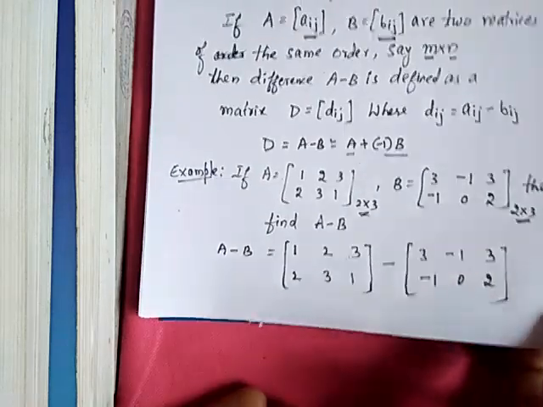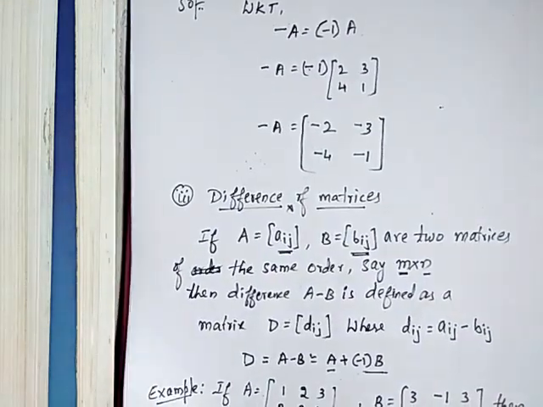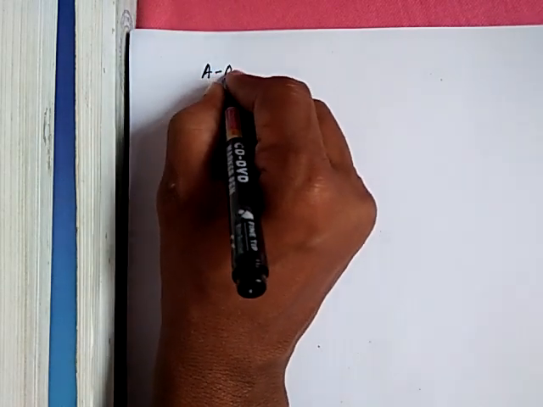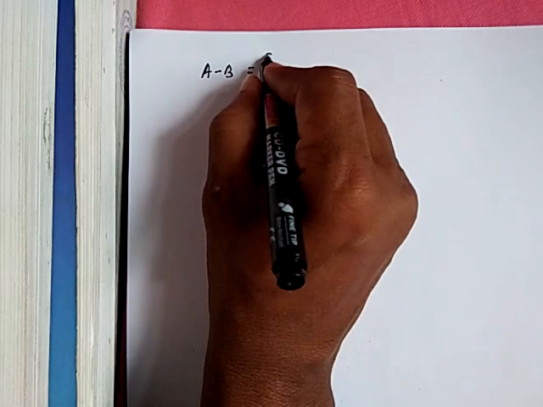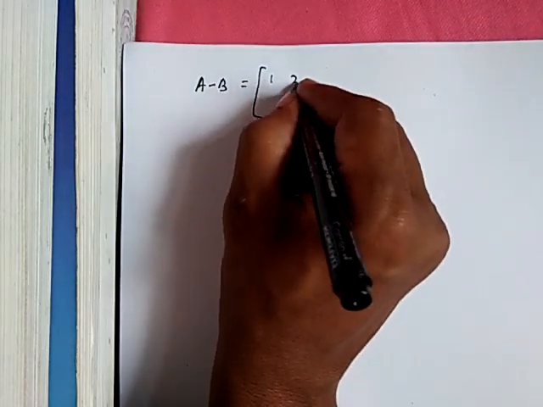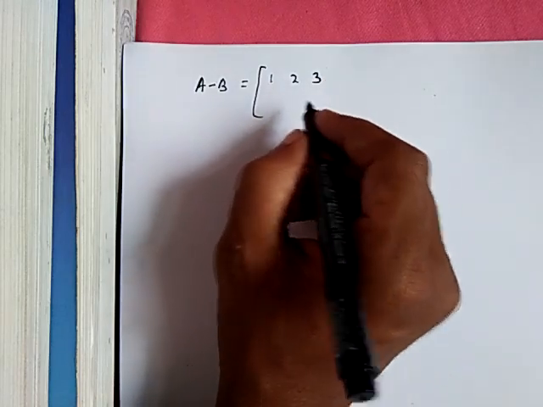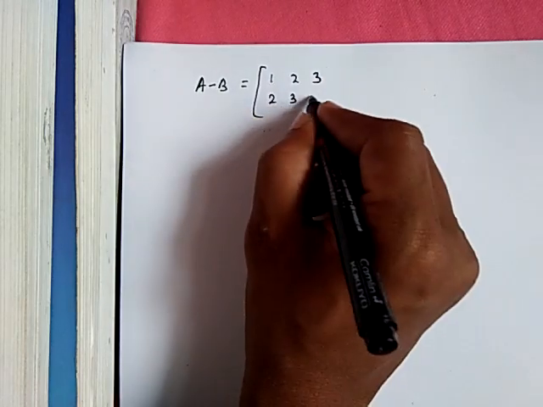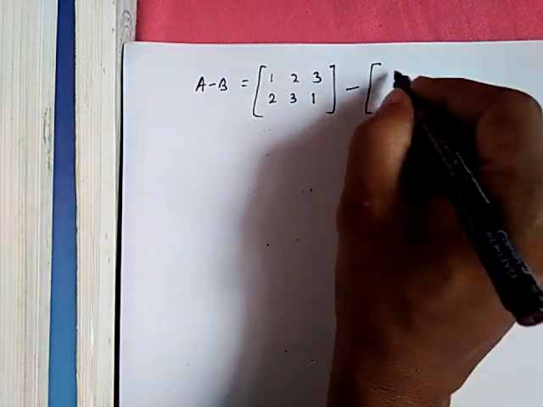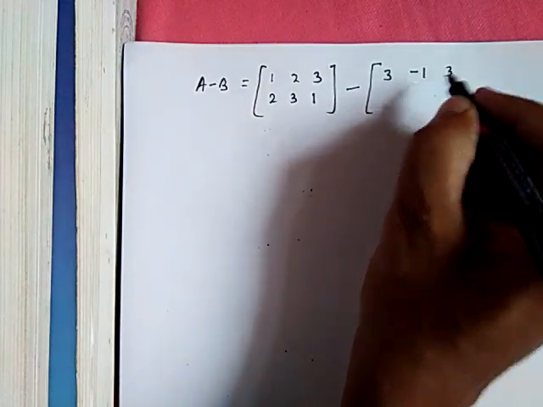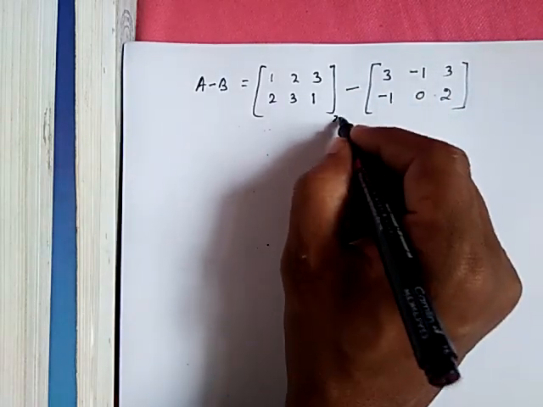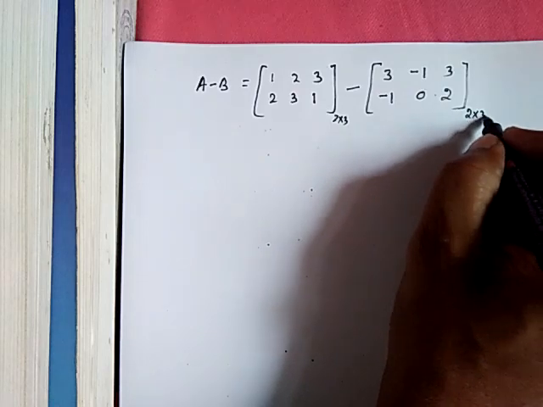On the next page we will see how to find this. Once again I will write A minus B so that you get the idea: 1 2 3, 2 3 1, minus 3 minus 1 3, minus 1 0 2. This is a 2 by 3 matrix, this is also a 2 by 3 matrix.